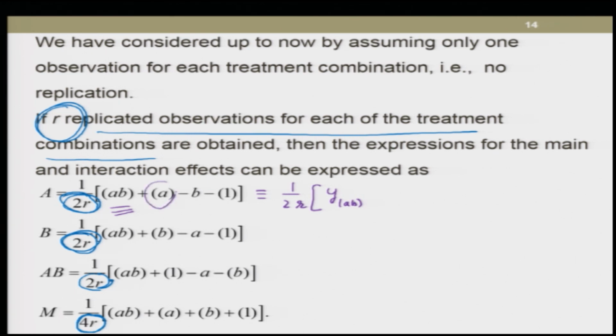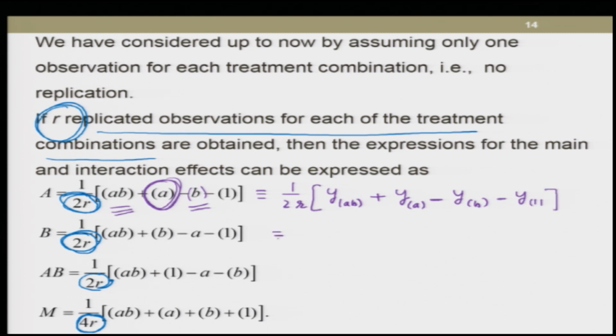And what is this A? This A is the value of the response or yield obtained after giving the treatment combination A, that means the lower level of B and upper level of A. Similarly, when I use the treatment combination B, the response is denoted by YB, and for the identity I am writing Y1.